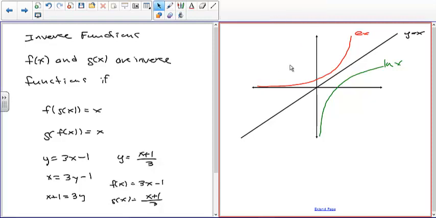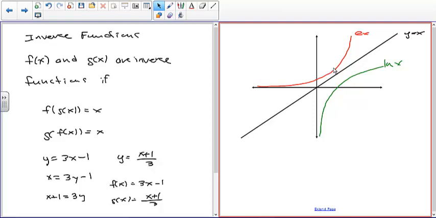So this function is as far from this diagonal line as this function is. They're mirror images of each other. So you can always check: if I wanted to confirm that these were inverse functions, I could plot them, and I would see that they are mirror images across the line y equals x.